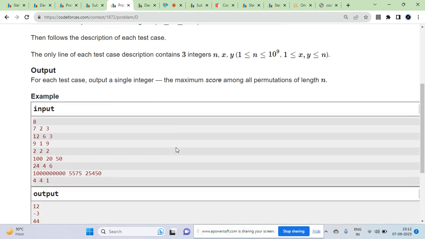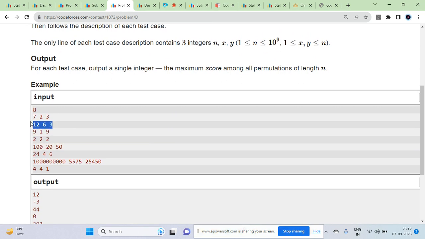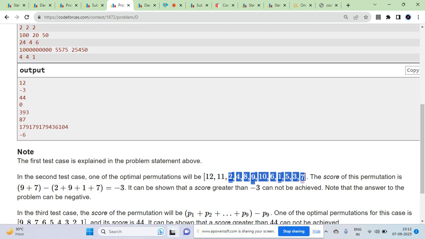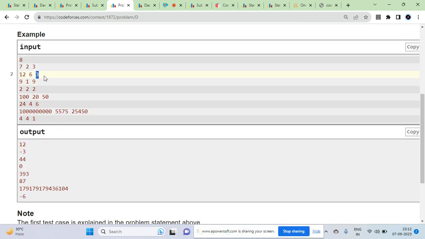Before moving to the solution, the logic is that you will find the number of multiples of x. 12 divided by 3 is 4, so there exist 4 multiples. This example is not good to take because I'm saying x equal to 3, but here y is equal to 3 and x equal to 6.